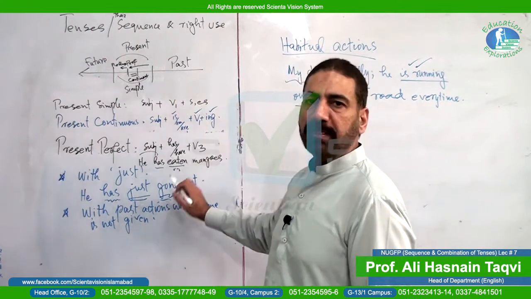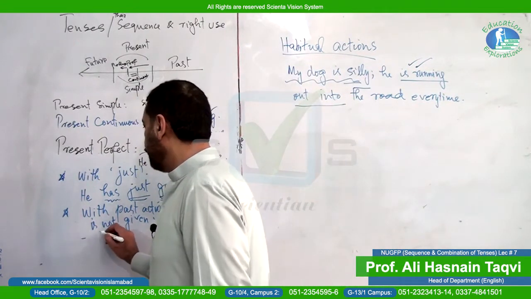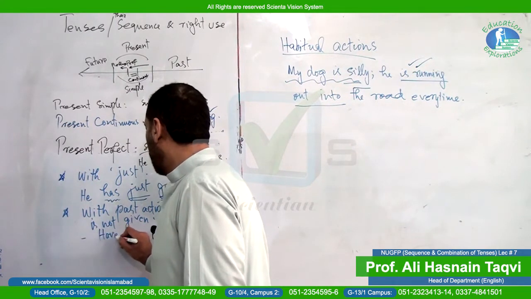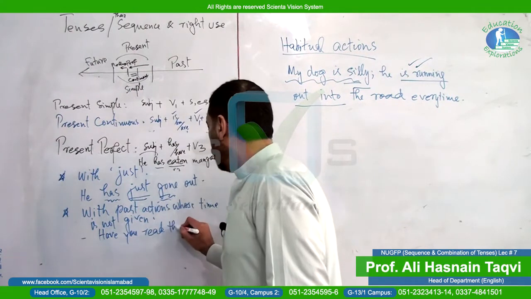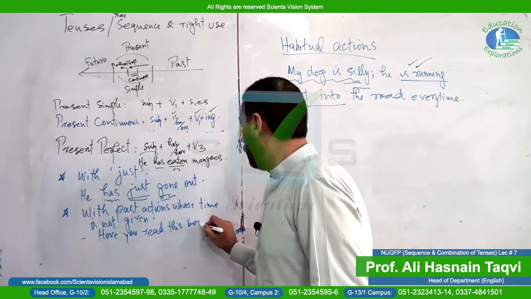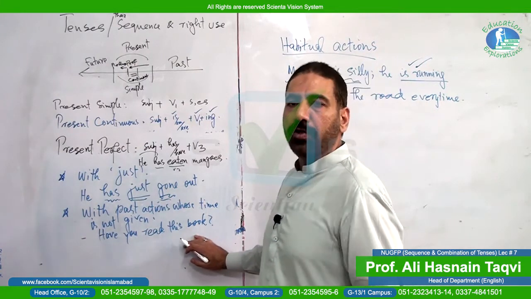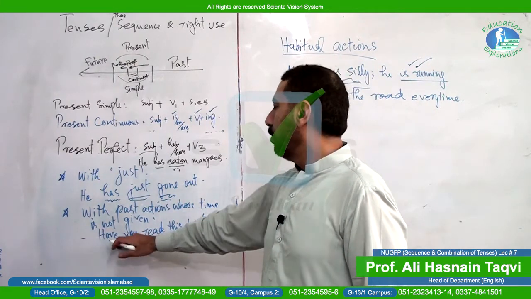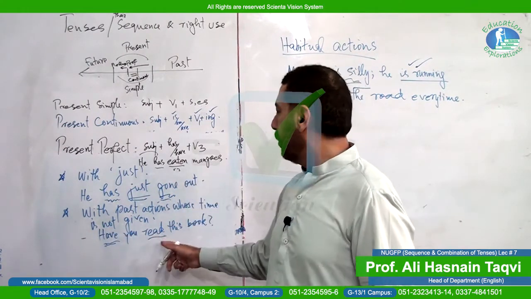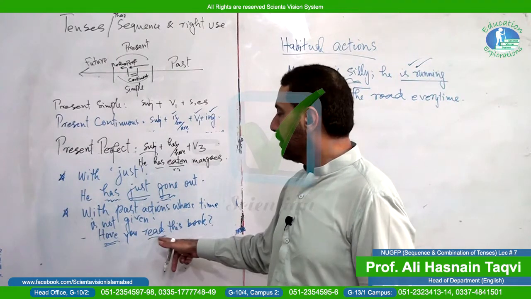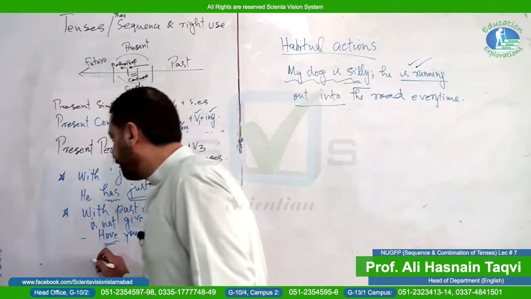You use this present perfect tense there. Some examples. Let's say, have you read this book? When he has read that, we don't know. So what we have done is we have used this interrogative form, and you can see it's a past action that we have referred to.